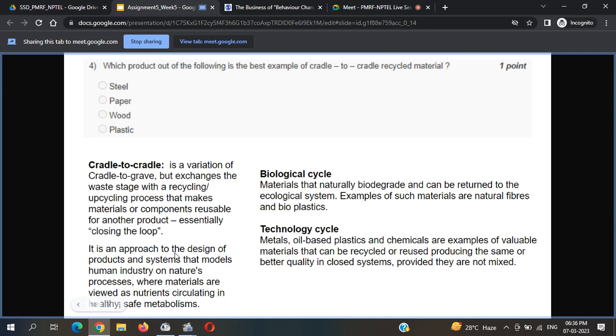It is actually an approach which is used in the design of a lot of products and systems, and it is based on mimicking nature's processes. Materials in nature are continuously circulating in closed systems in the form of healthy and safe metabolism.